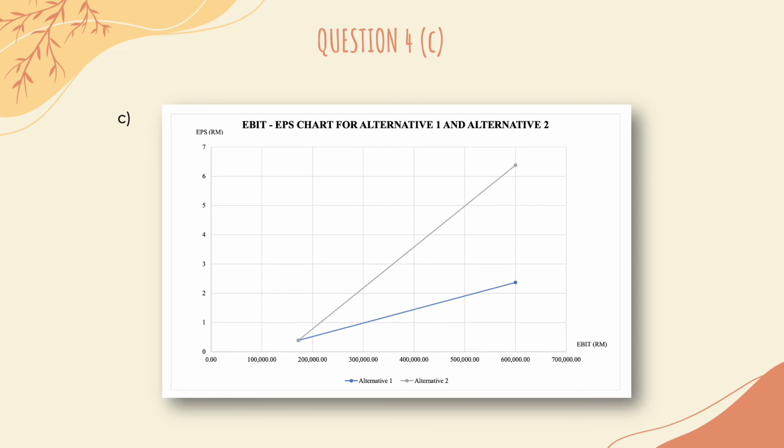With the EBIT from question 4A, 171,928 ringgit and 57 cent, both alternatives show the same EPS of 39 cent. But with 600,000 ringgit of EBIT, alternative 2 shows a higher amount with 6 ringgit and 38 cent, while alternative 1 shows a lower amount with 2 ringgit and 37 cent.